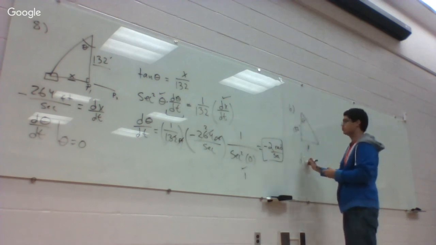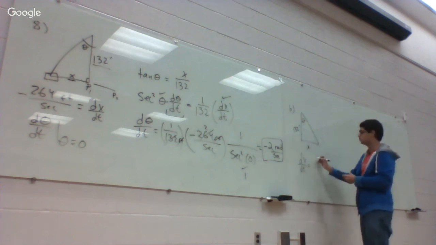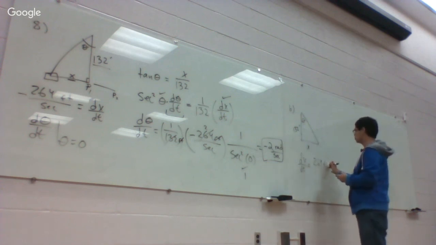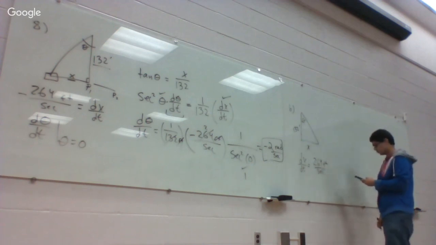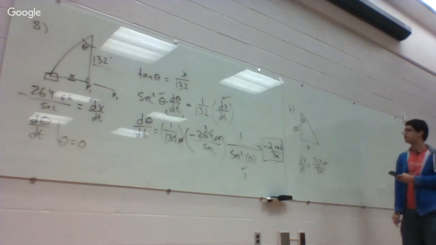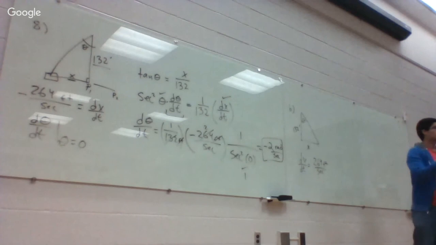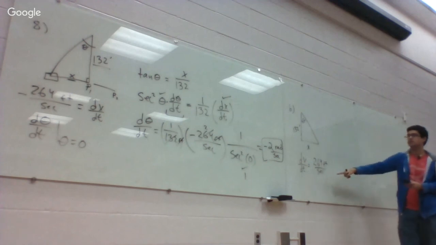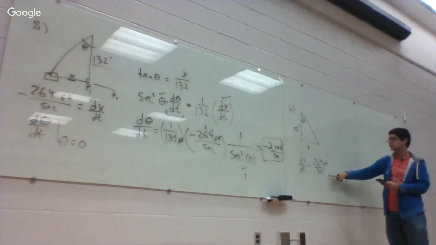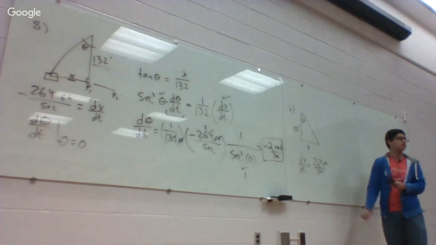This time, x is growing bigger, so it's 264 feet per second, and we want to know at 1.5 seconds. We know that it's 264 per second.